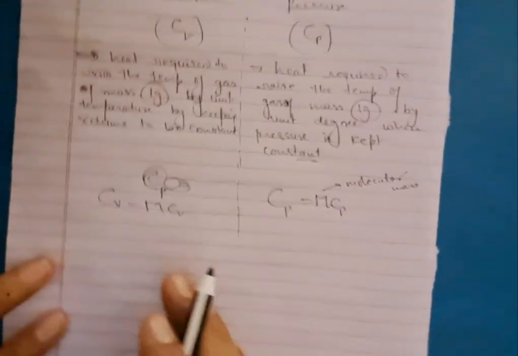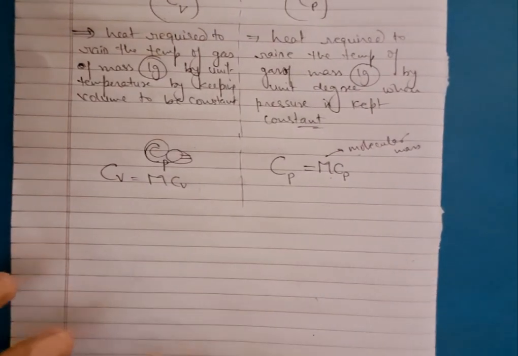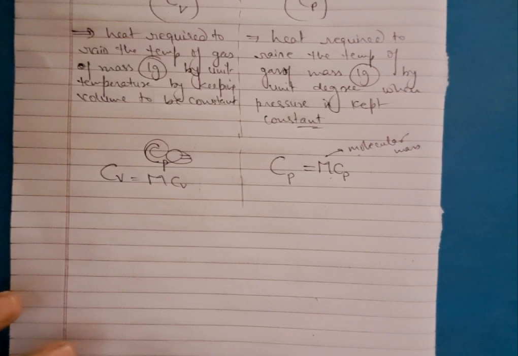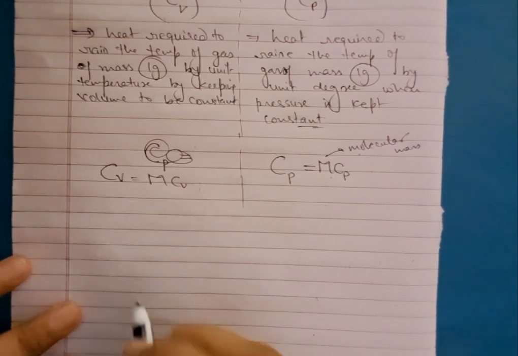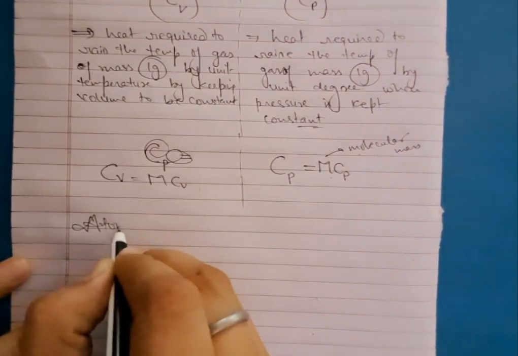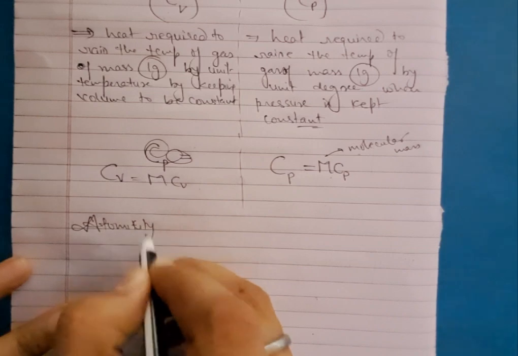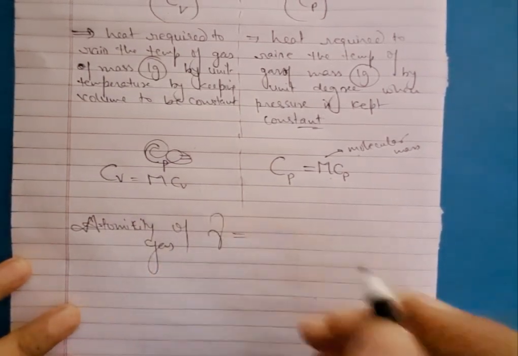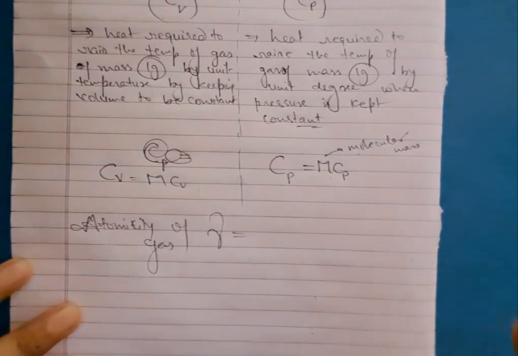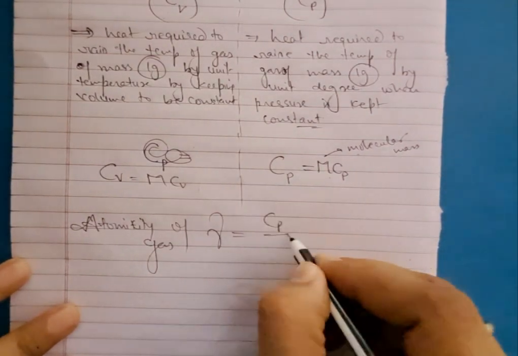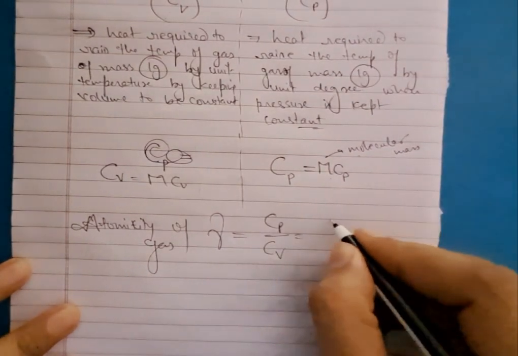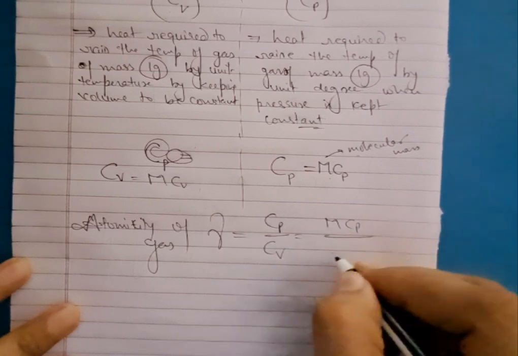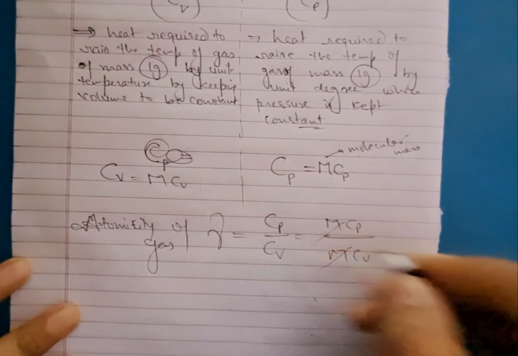So the ratio of the two specific heats, that is gamma, if we talk about atomicity of gas, is nothing but the ratio of Cp by Cv, that is mCp by mCv.